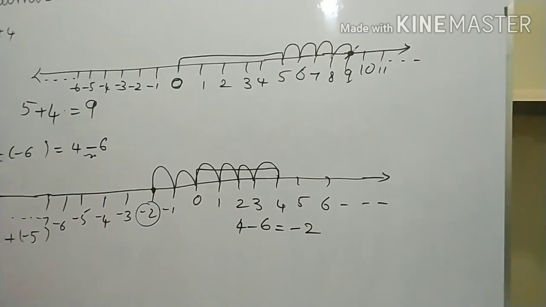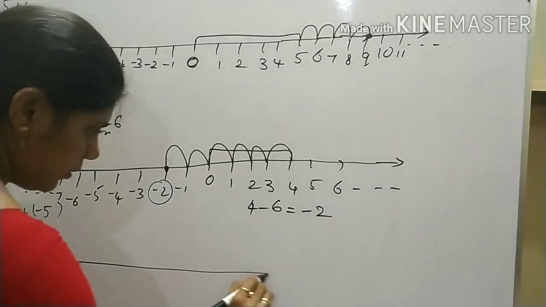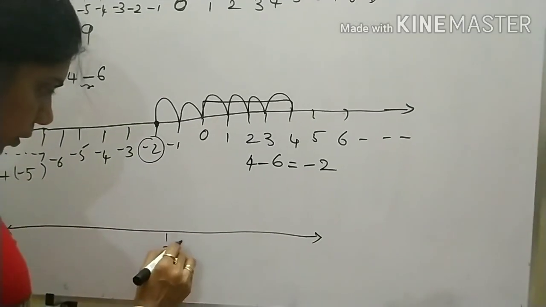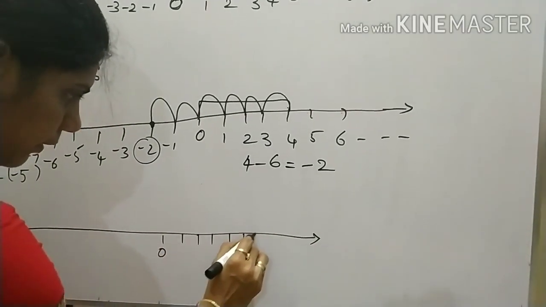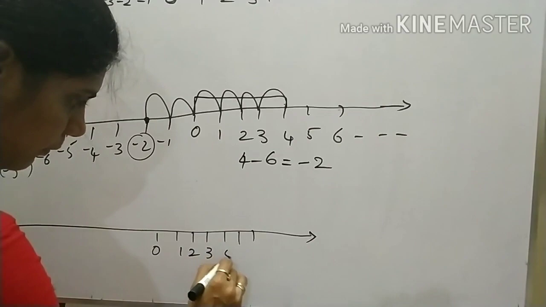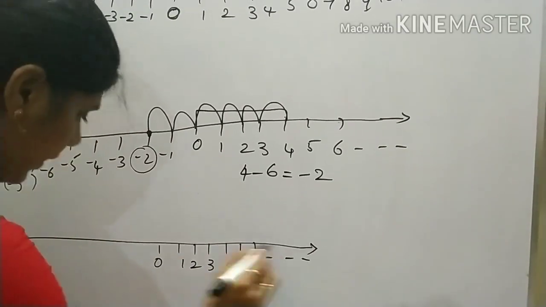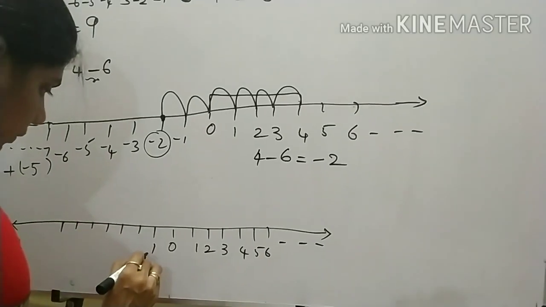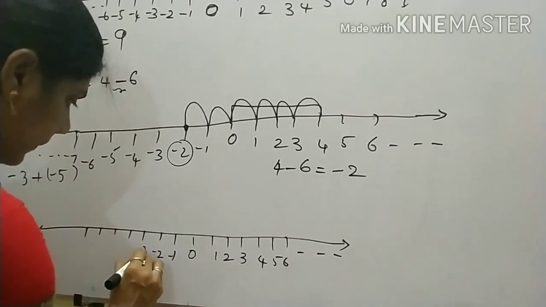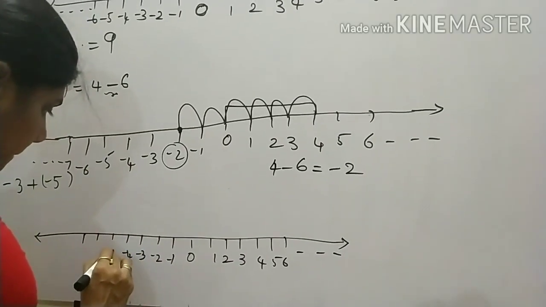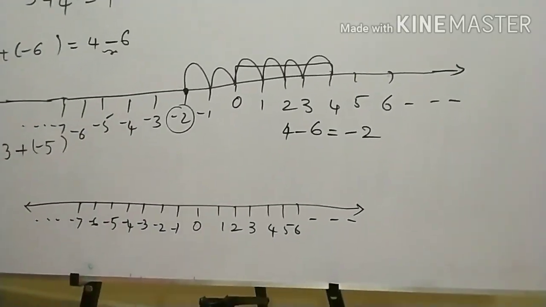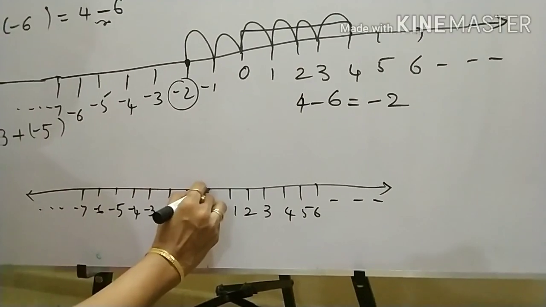Now see next one. Here also take one number line. 0, 1, 2, 3, 4, 5, 6 and so on. Now see, always we have to start from 0.